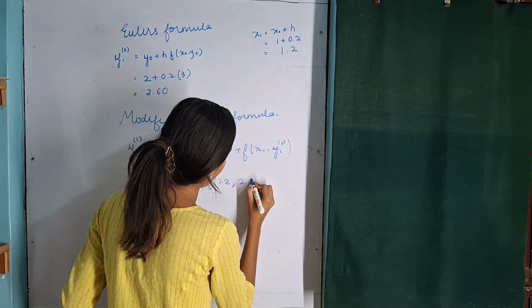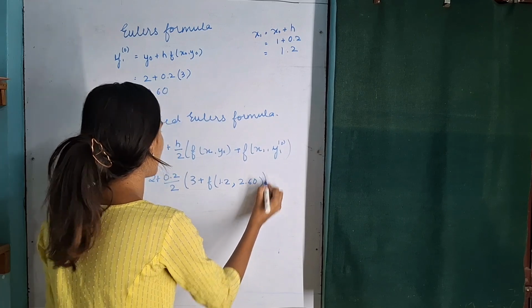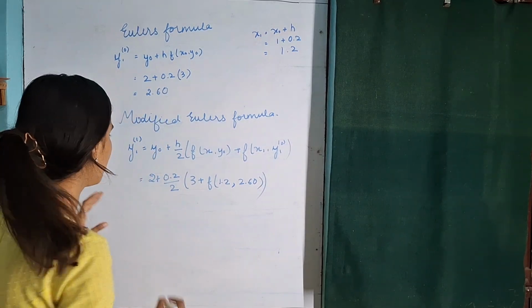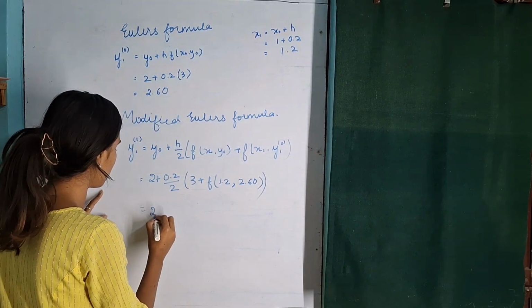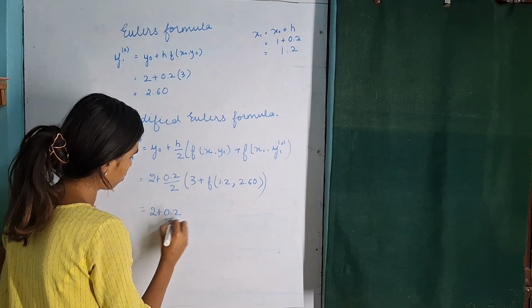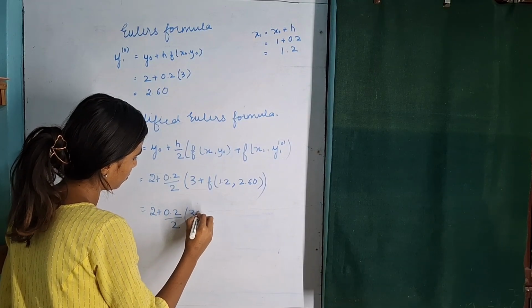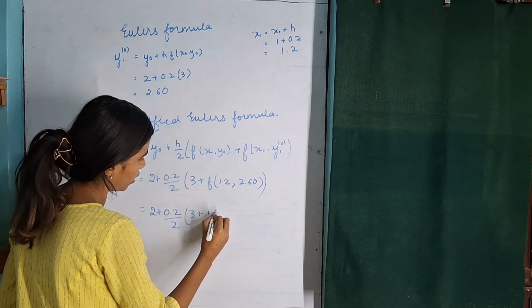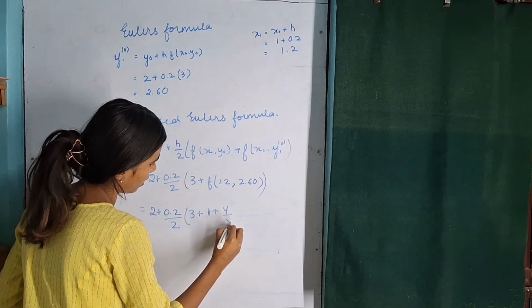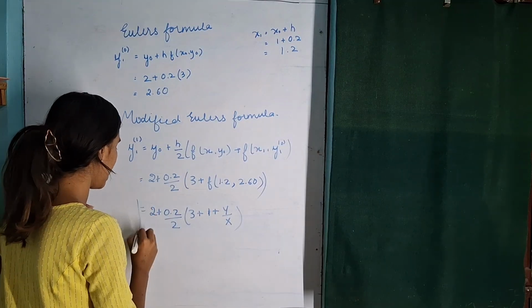It's 2.60. So how are you going to calculate this? Now you have to put 2 plus 0.2 by 2, 3 plus 1 plus y by x in your calculator.